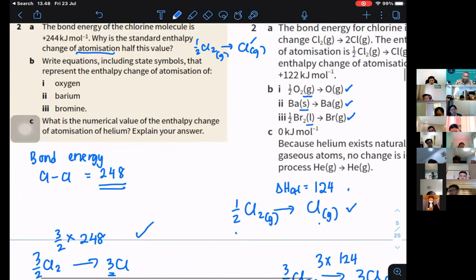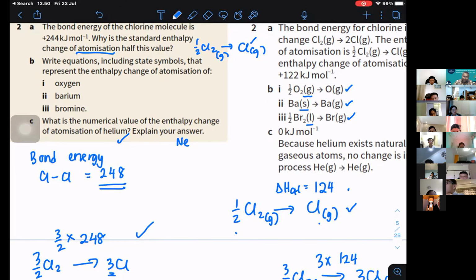Sometimes they will ask you, what is the numerical value of atomization of helium? Or another example, neon. If you have monoatomic elements, helium, neon, all the group 18, and they ask you what is the atomization, it is supposed to give you 1 mole of gaseous atom, and they are already gaseous atoms.